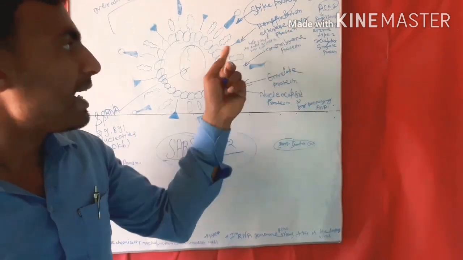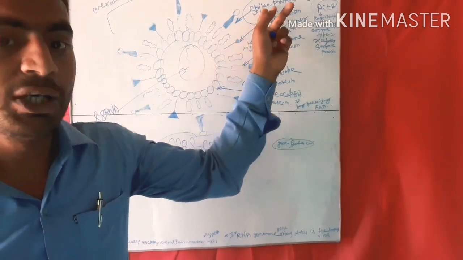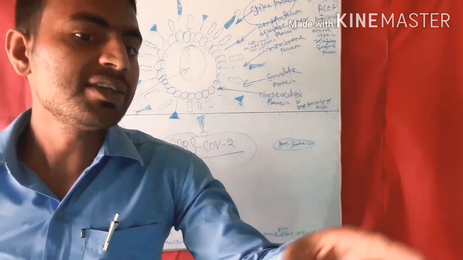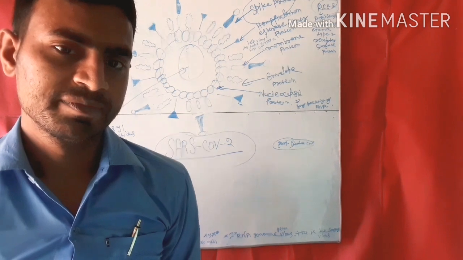This means the hemagglutinin esterase dimer protein helps the spike protein to attach to the ACE type 2 surface protein of host cells.